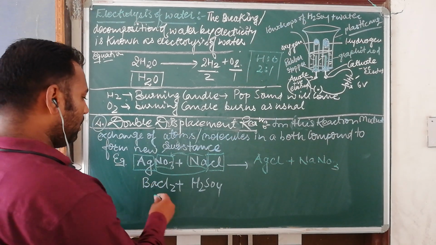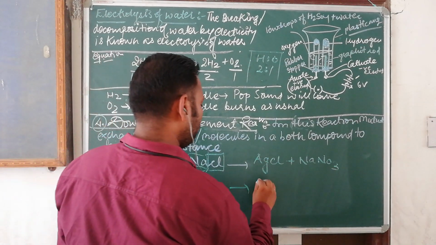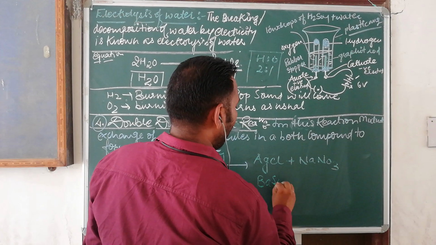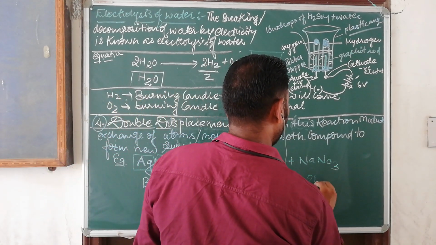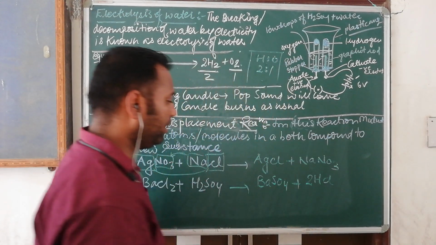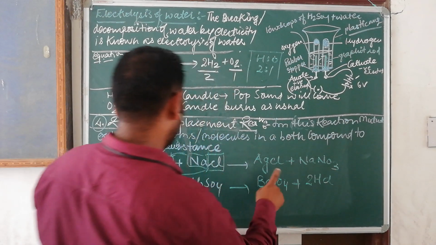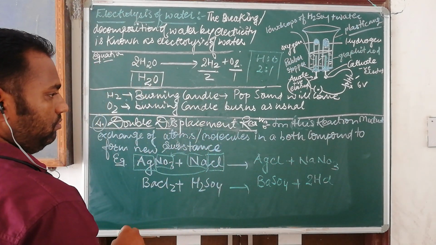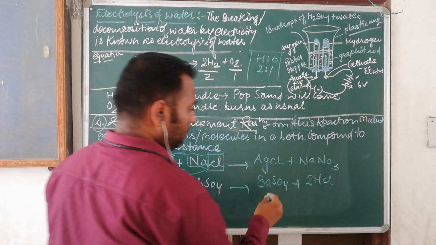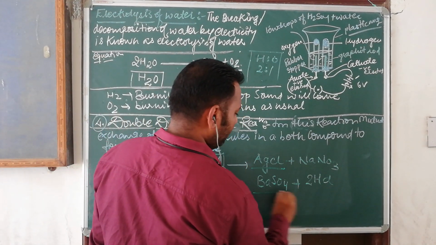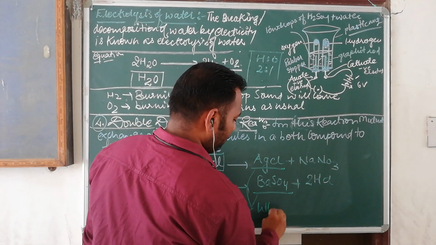And BaCl2, the same process here: BaSO4 plus 2HCl. This is a precipitate, and this is also a precipitate. Both are white precipitates.